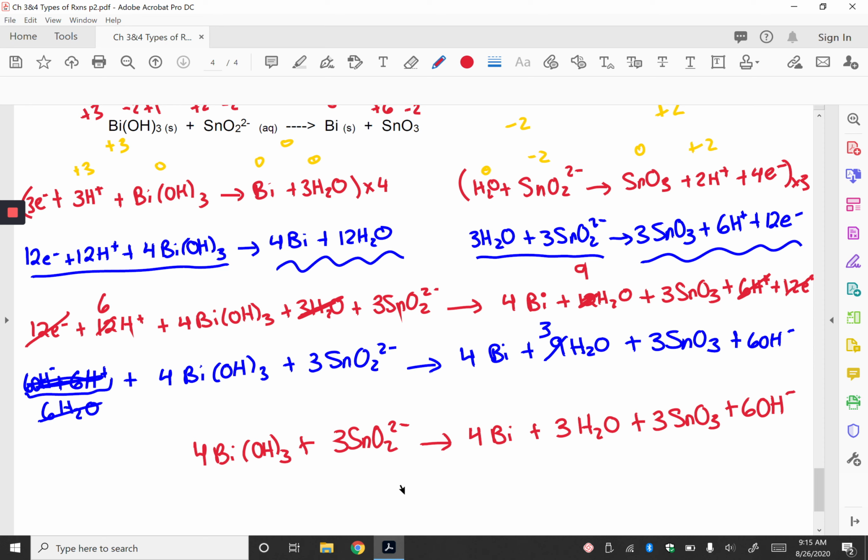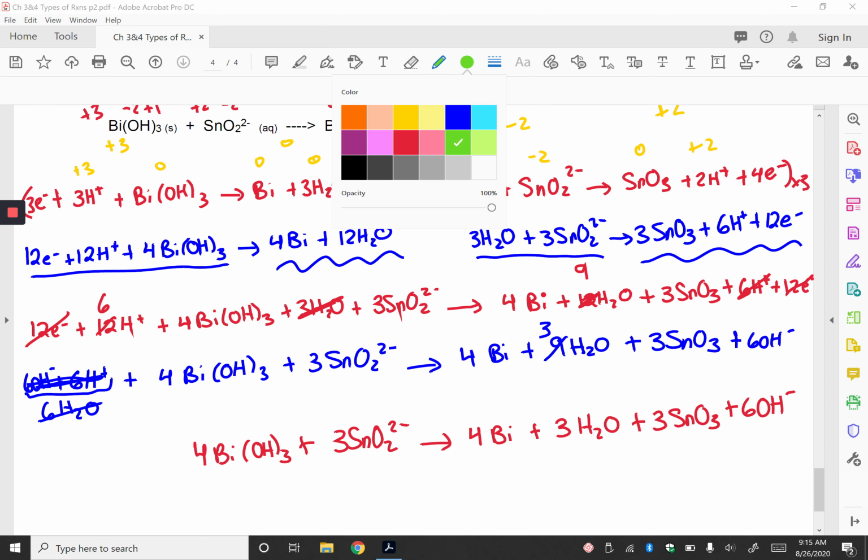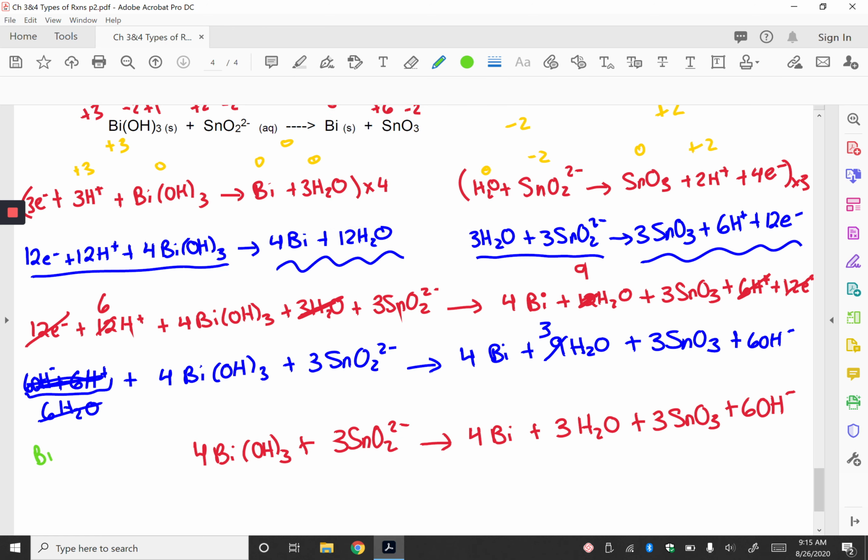Let's check that it's correct. Let's make a list. We have bismuth, we have oxygen, we have hydrogen, we have tin, and then we want to check the charge as well. All right, bismuth, 4 and 4 checks. Oxygens, there's lots of those there.